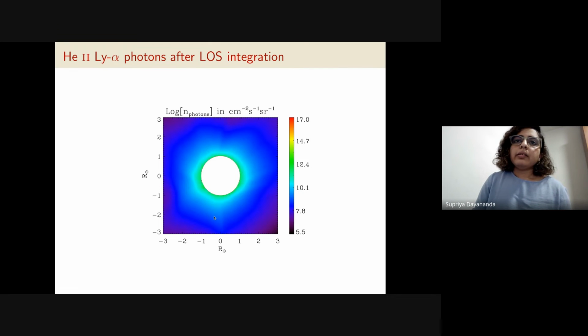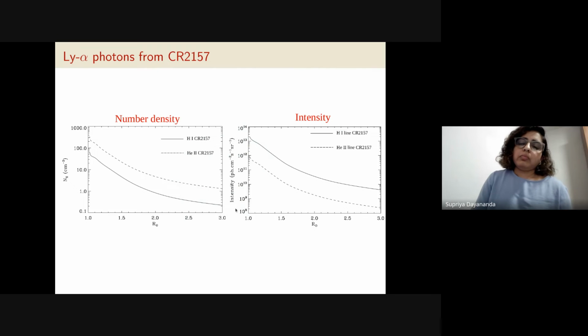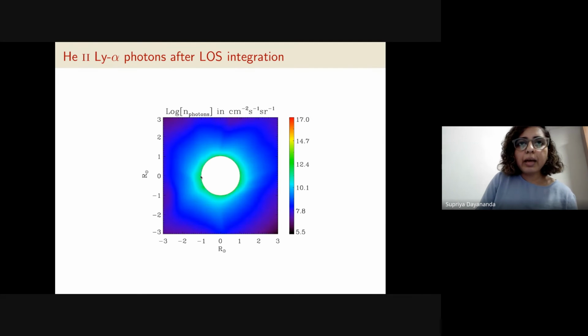But the explanation for this, for a better comparison, before going there, let's take a 1D cut in the model. So basically, I'm now looking at a 1D variation from the surface along this direction going up to 3 solar radius.